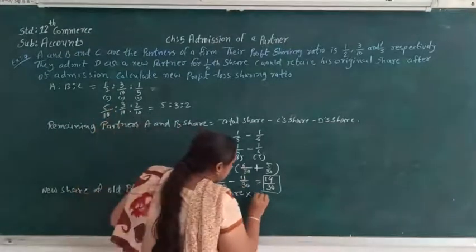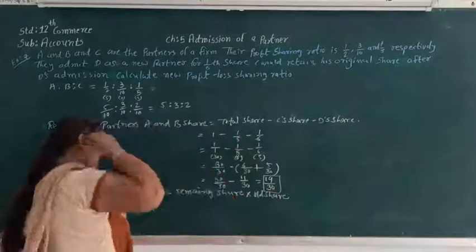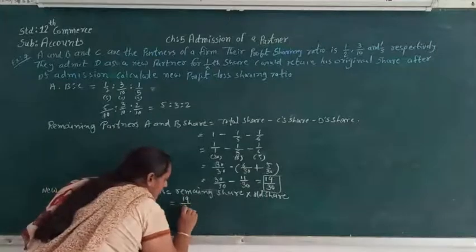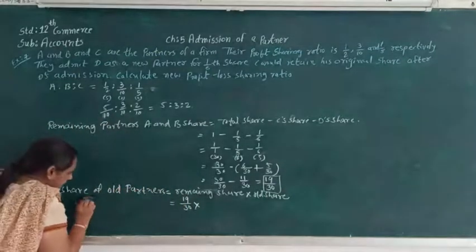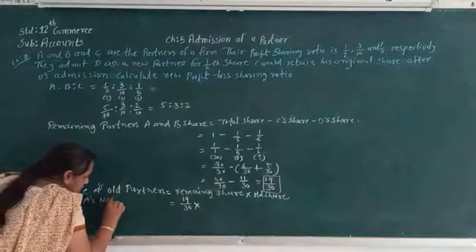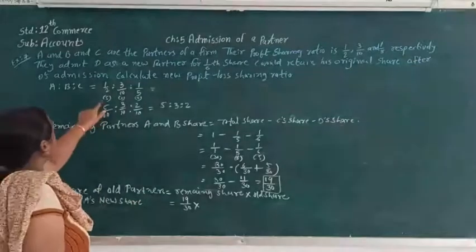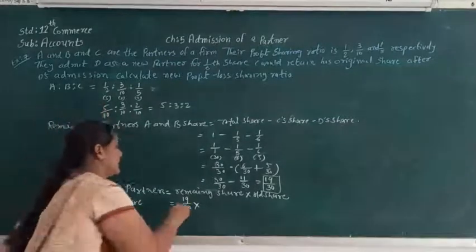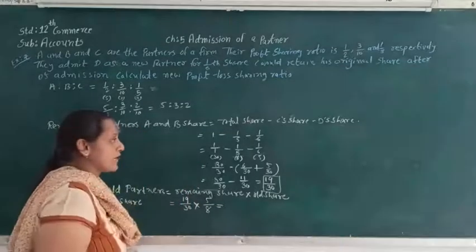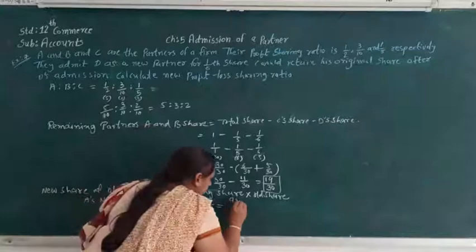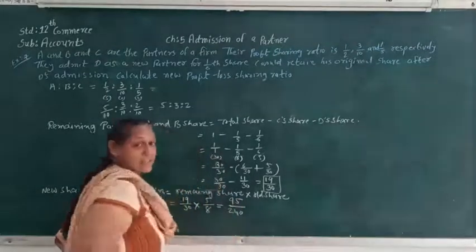So old share is 5 by 8 for A and 3 by 8 for B, and remaining share is 19 upon 30. So A's new share is equal to 19 by 30 multiplied by 5 by 8. So it will be 19 5s are 95, 95 upon 240. So this is A's new share.